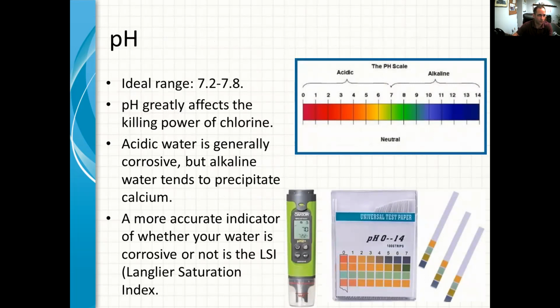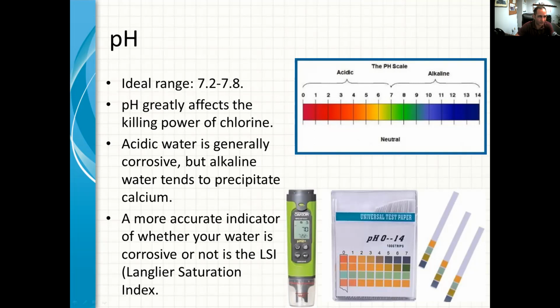So for pH, the industry standard is to keep the pH in the pool or spa between 7.2 and 7.8. pH affects the killing power of chlorine. Actually, in the presence of CYA, which pretty much all pools have some level of, the killing power is not affected by pH.